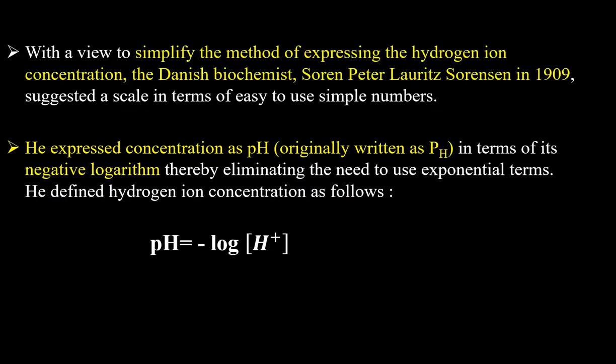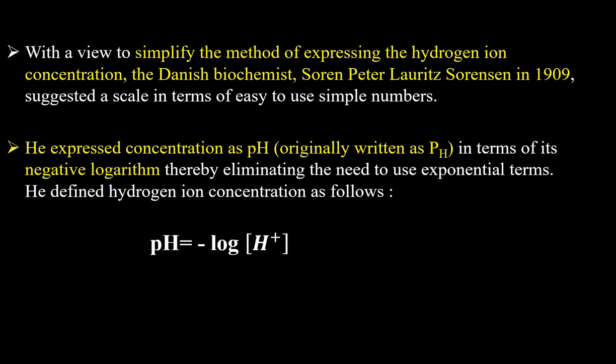With a view to simplify the method of expressing the hydrogen ion concentration, the Danish biochemist Sorensen in 1909 suggested a scale in terms of easy to use simple numbers.